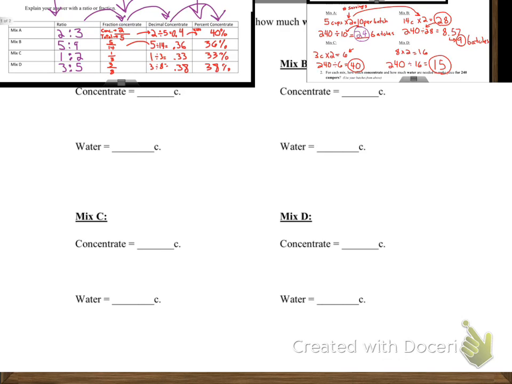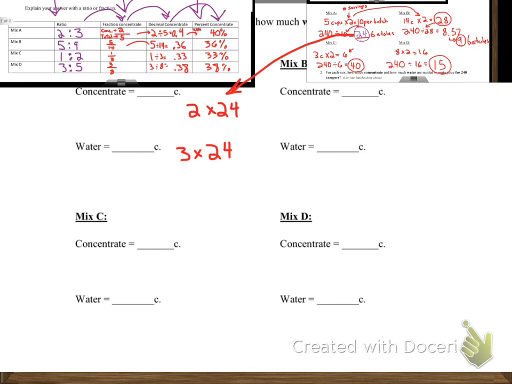Mix A. Okay, Mix A. We know that I'm going to need 2 cups of concentrate and 3 cups of water per batch. Well, how many batches am I going to need? We already know that, don't we? So I just take the 2 cups per batch times 24. And I take the 3 cups per batch times 24.